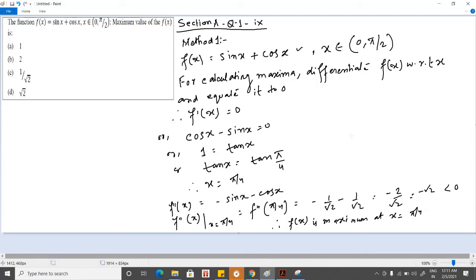Now we have to find the maximum value of f(x) at x equals pi by 4. That we can do here. Let me draw a straight line over here. So this is a continuation part.